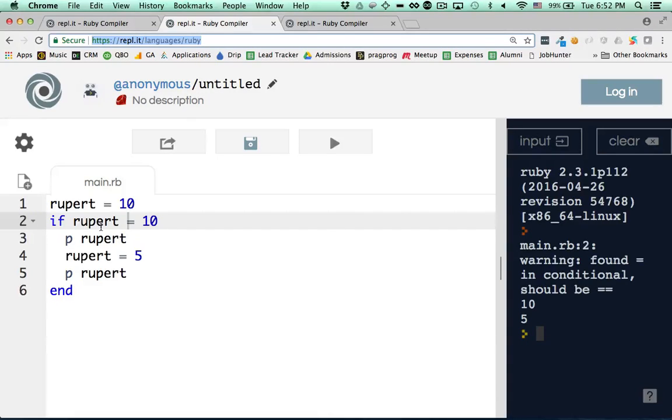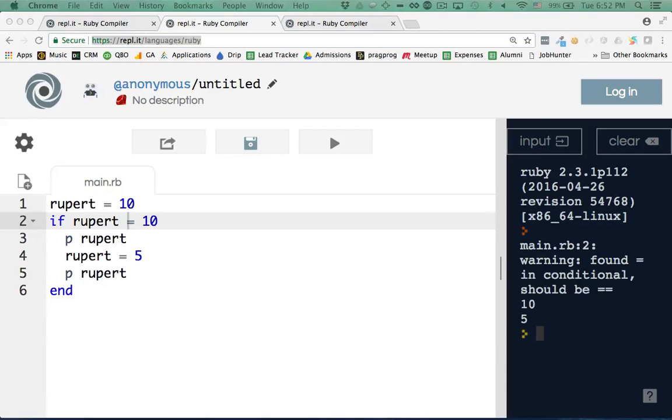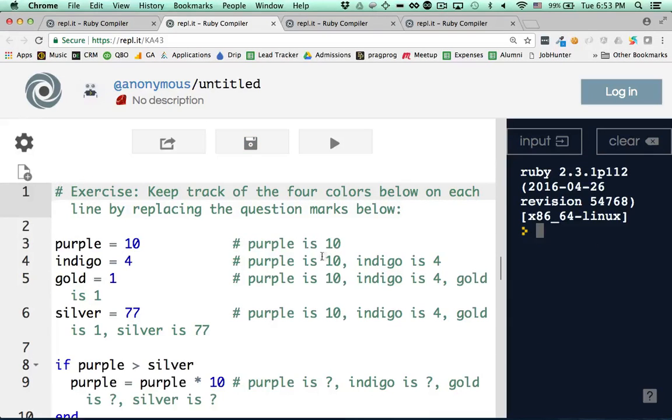Okay. I have an exercise for you coming your way in the general channel, that is. This exercise is to keep track of each variable in the comments.